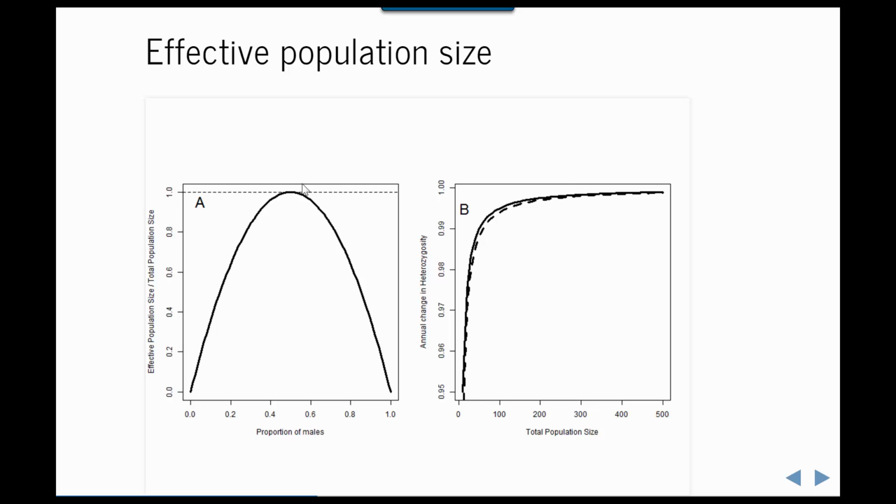So even quite large departures in sex ratio aren't really causing very much of a decline in heterozygosity over what you would get at the same population size with an ideal sex ratio. But in any case, even when you're down here around 10 individuals, the rate of loss of heterozygosity is about 5% per year. You've got much bigger issues when you've only got 10 individuals in your population than the loss of heterozygosity.